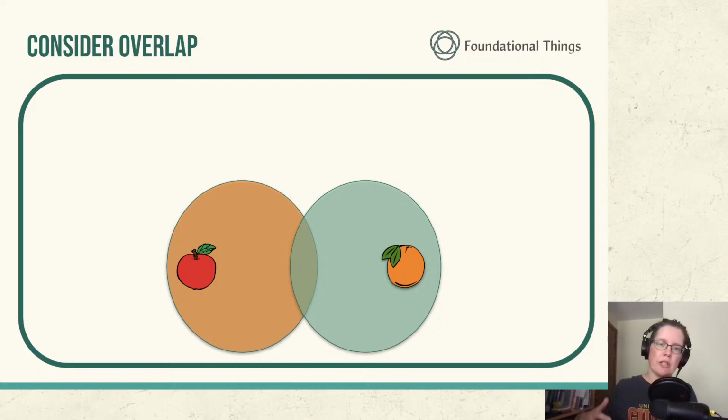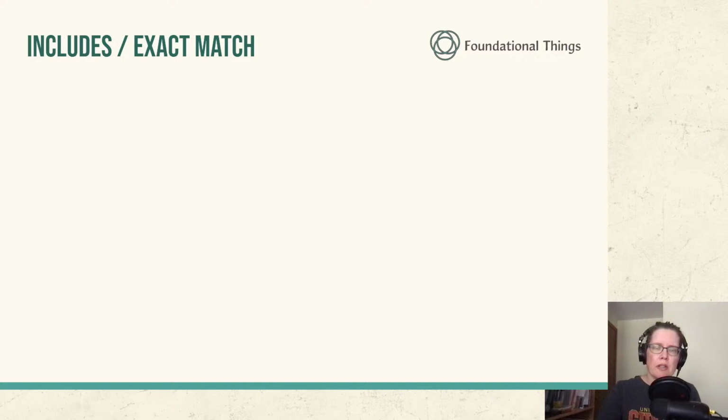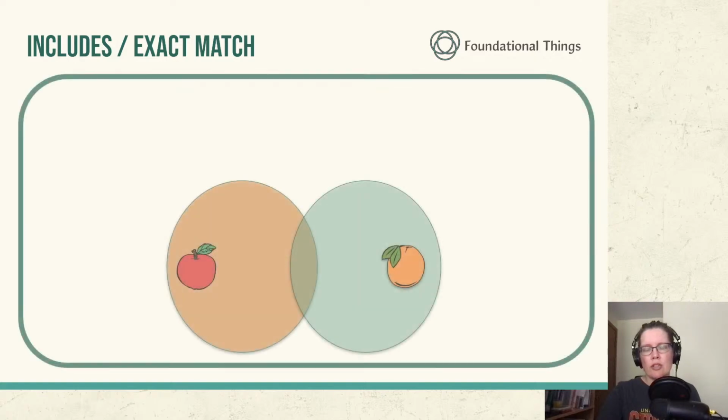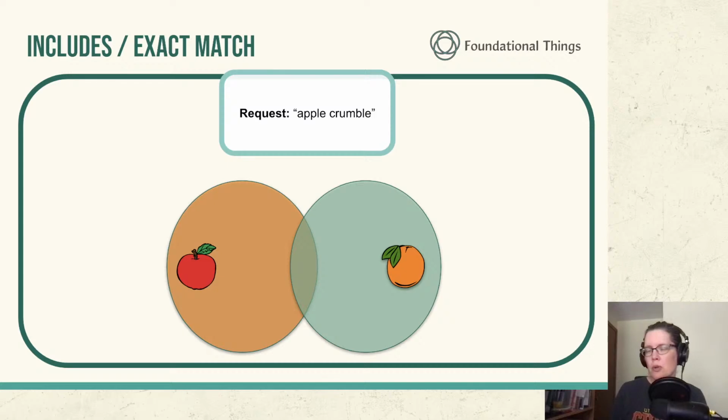So our illustration here, just to continue this idea, let's look at what we talked about in day 1. We introduced the exact match search operator, and that's with quotation marks. So apple crumble with quotation marks around it has a special meaning. That's different than just typing in apple crumble.